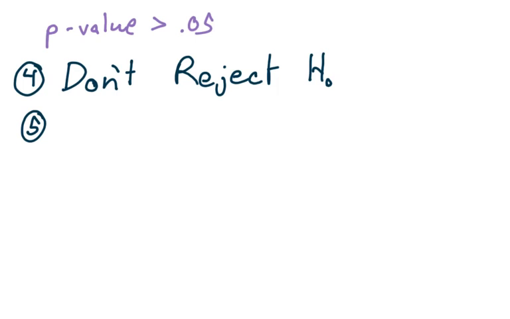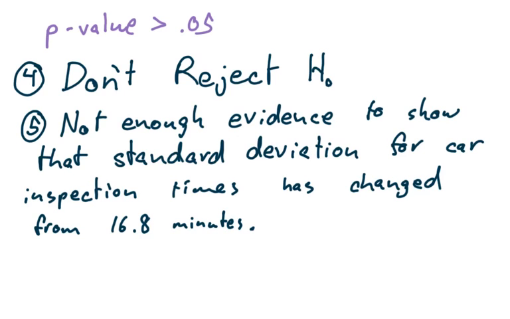So that means that we didn't uncover enough evidence to show or illustrate whatever we said as our research hypothesis. What that means in this particular case is there is not enough evidence to show that the standard deviation is different than 16.8.